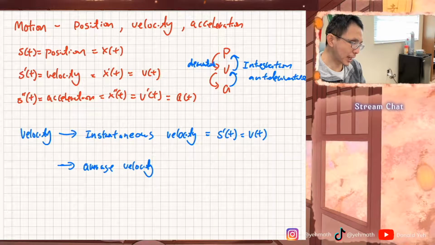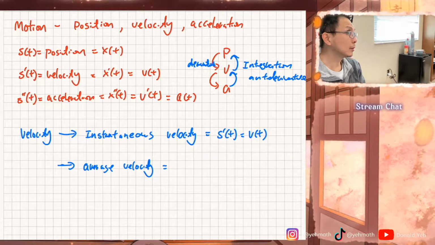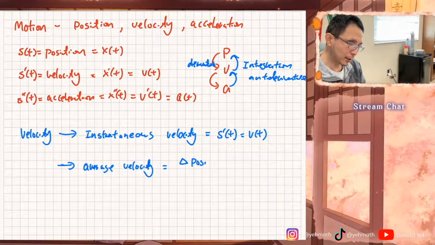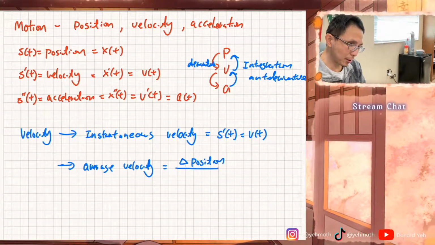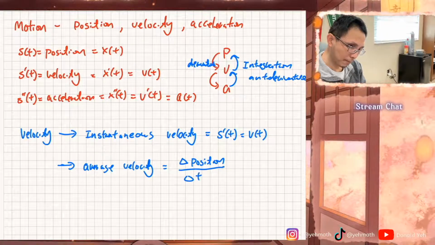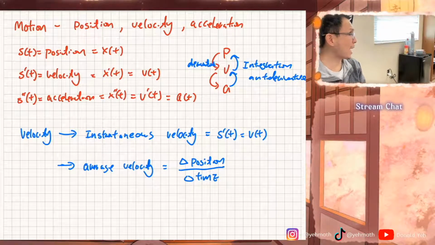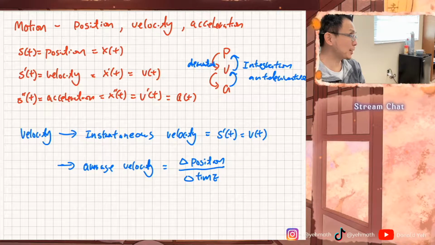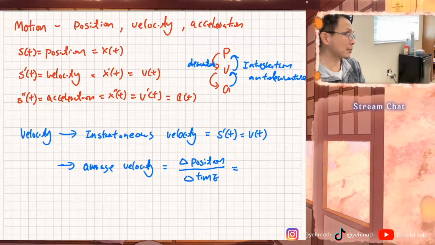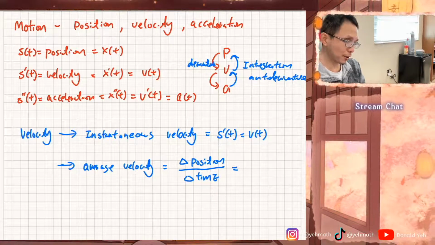Now, what's average velocity? It's changing of positions, right? Guys, you have to know this: changing position over changing time. Now, remember I asked you the average rate of change? This sounds like it, right? So it's basically the average rate of change of a position function.